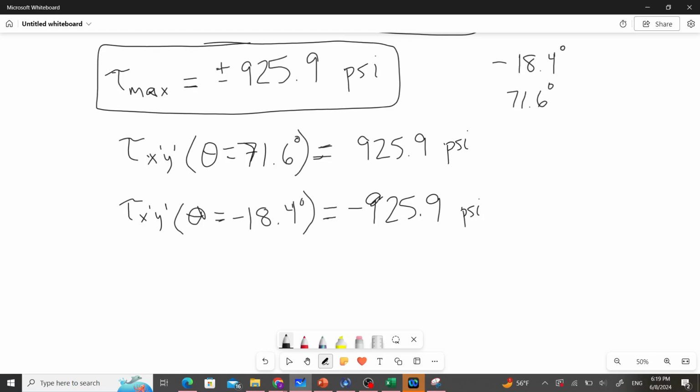So that tells us that 71.6 is theta S1, and negative 18.4 is theta S2.